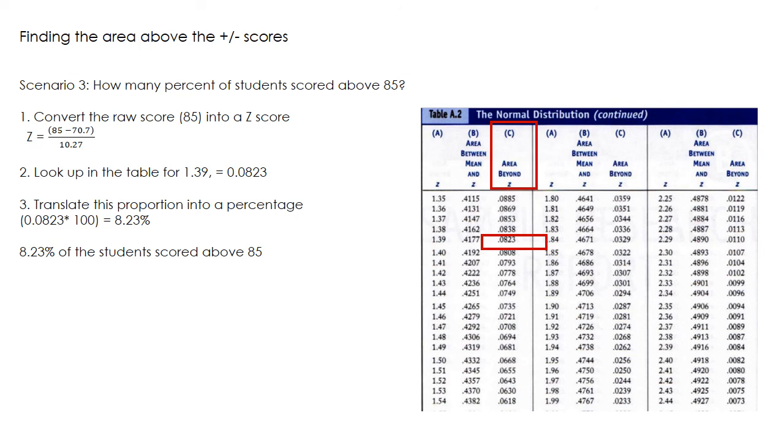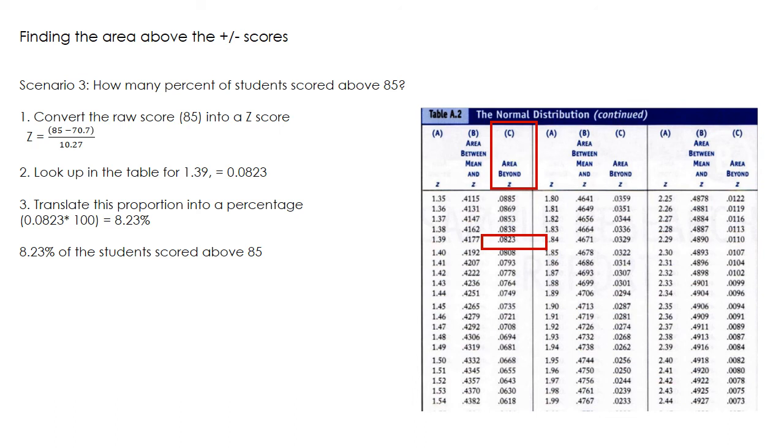The raw score is 85, so we have to convert it to a z-score. So convert the 85 into a z-score. When we subtract the mean and divide by the standard deviation, you get 1.39. So the z-score is 1.39, and then you look at the table.